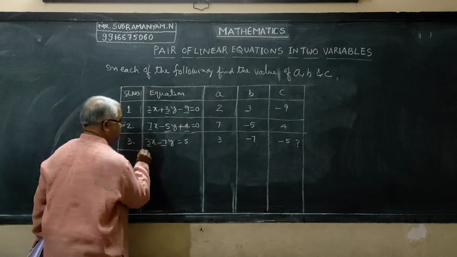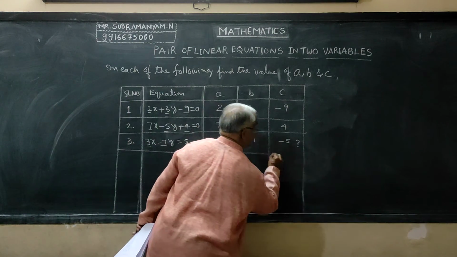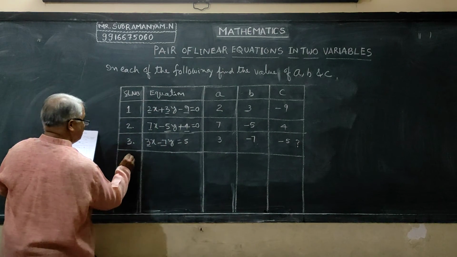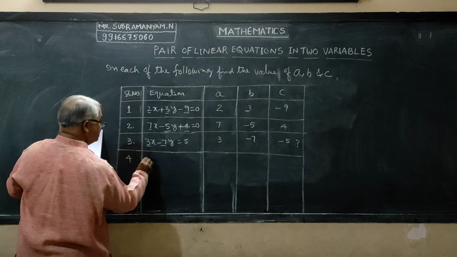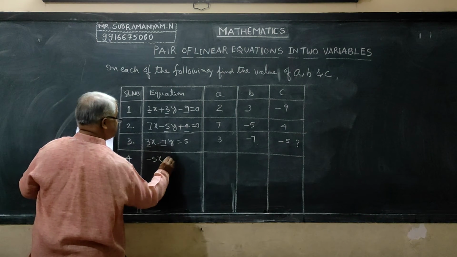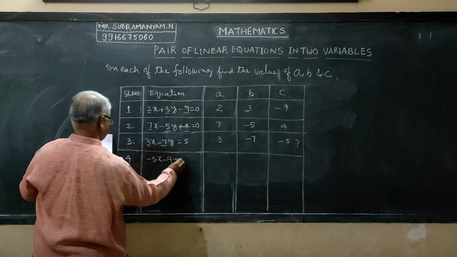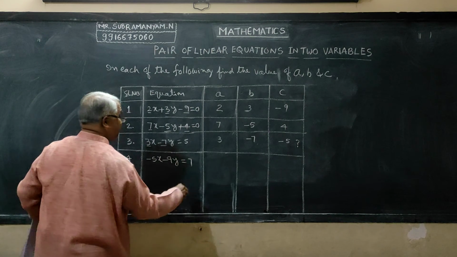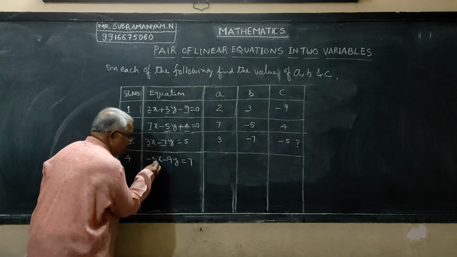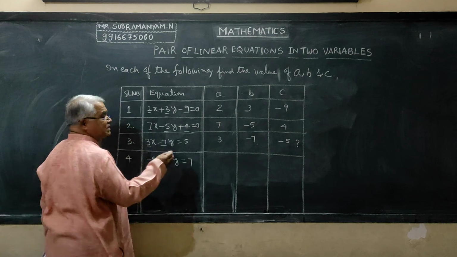Okay. Next, another equation we will take. Fourth one: minus 5x minus 9y equal to 7. Look at this. What is the value of a? This is minus 5.